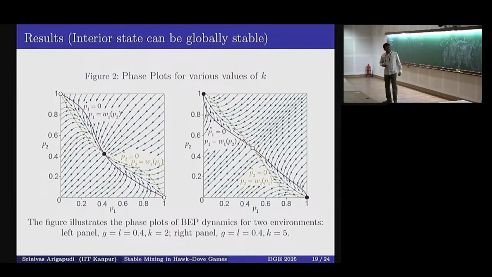And then on the right hand side, again we have the same G and L values, but now we are increasing the value of K. If we increase the value of K, again what's going to happen is that only the boundary points are going to be stable. And the intuition for this is not too hard to see.